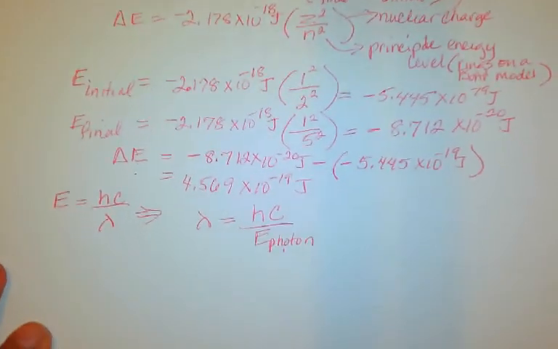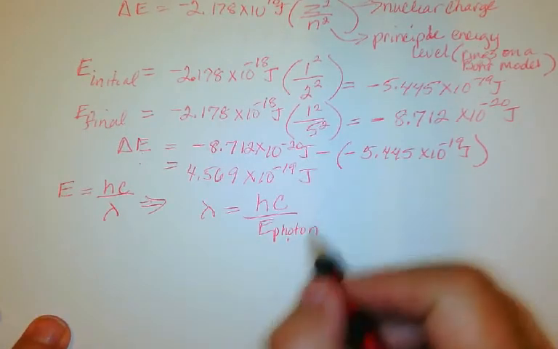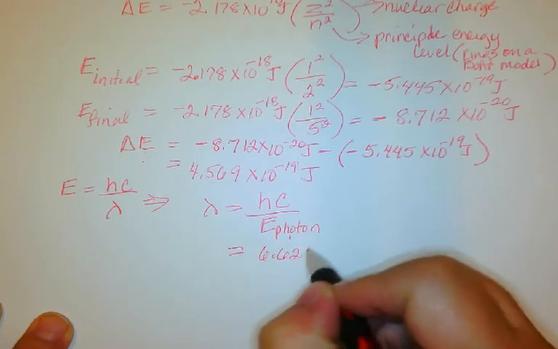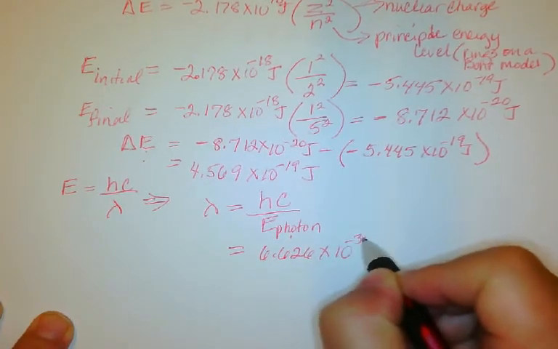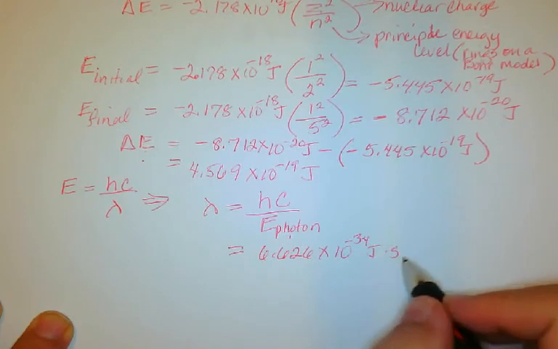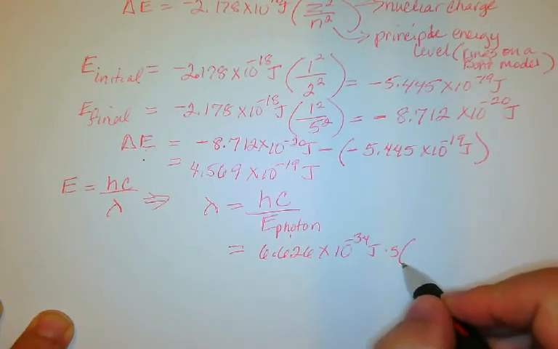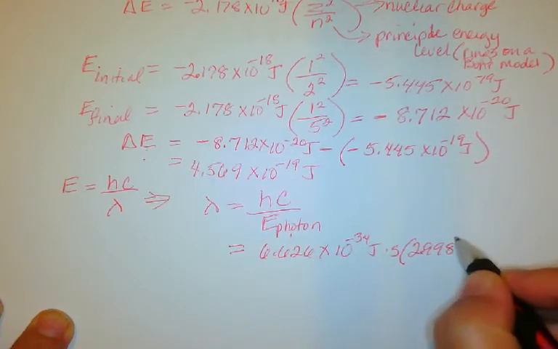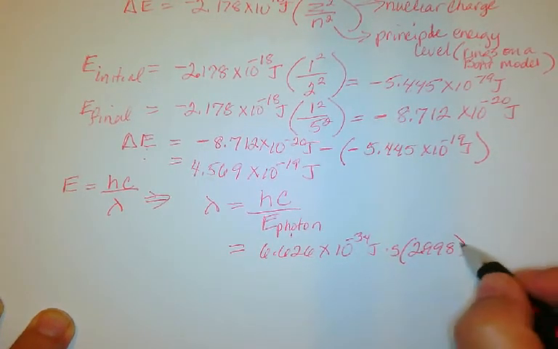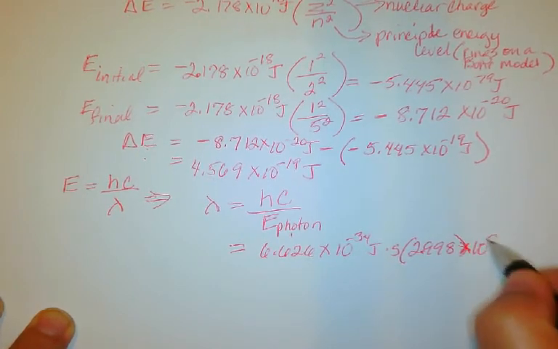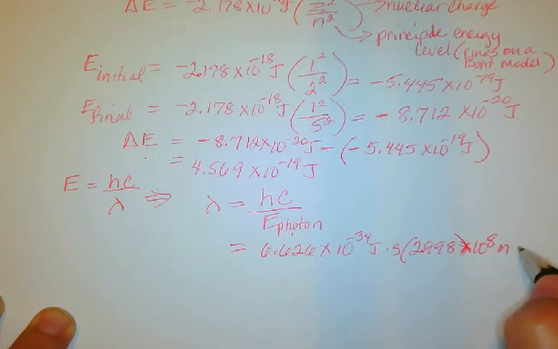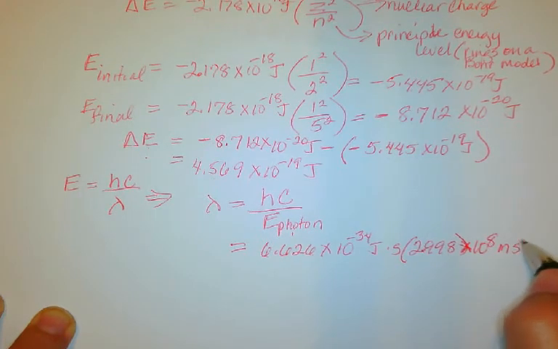Okay, so I'm going to go ahead now and plug in and solve. So Planck's constant is once again 6.626 times 10 to the negative 34 joules second times the speed of light, which is 2.998 times 10 to the 8th meters per second, or meters second to the -1.